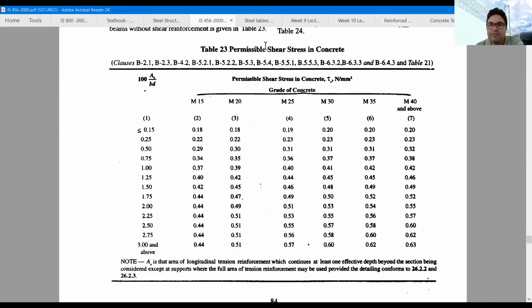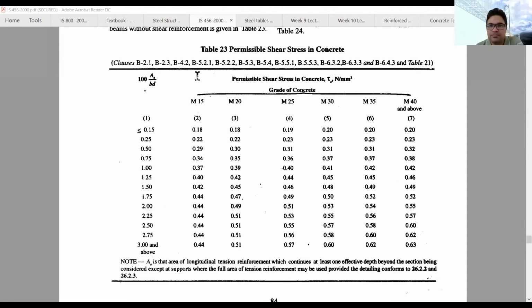So there you can see this is the table 23. In the table 23, in the first column, it shows a formula 100 into AS by BD. Well, this is actually the formula of percentage of the steel. This AS is the area of steel at the support.